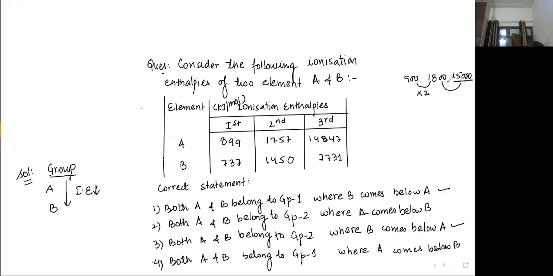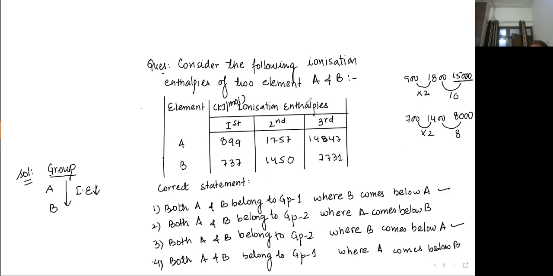From the second to the third, it becomes about 8 to 10 times. Then next is 700, 1400 and 8000. So it is doubled, and removal of the third electron becomes around 8 to 10 times.